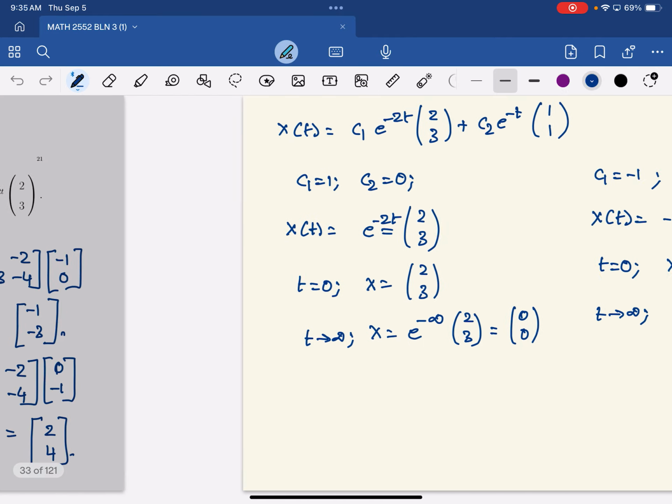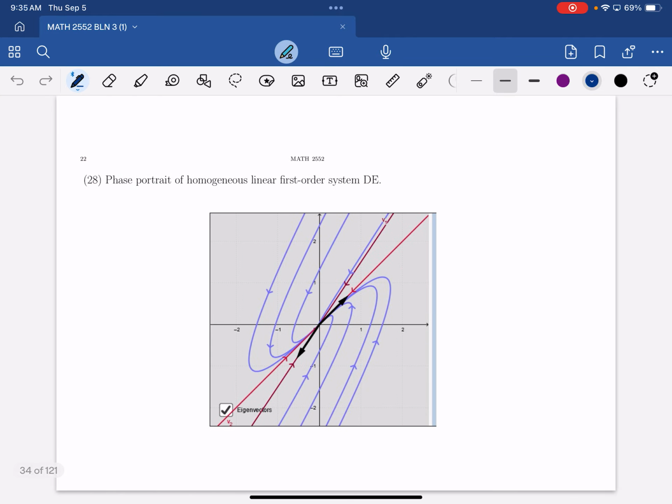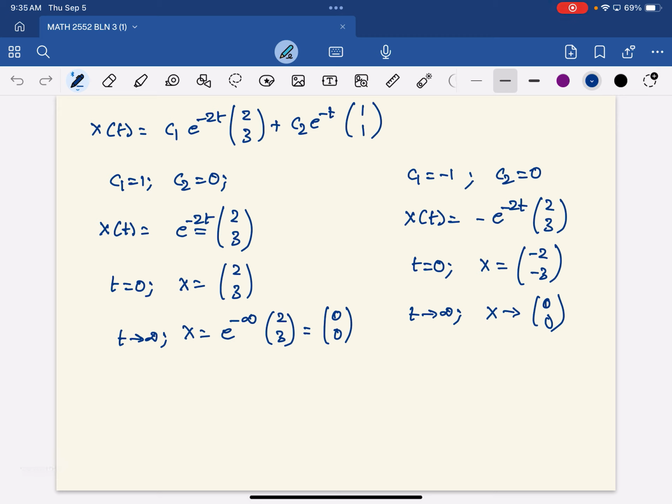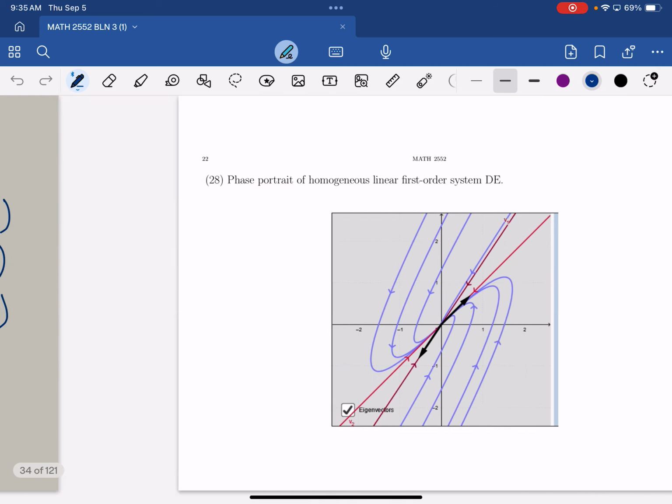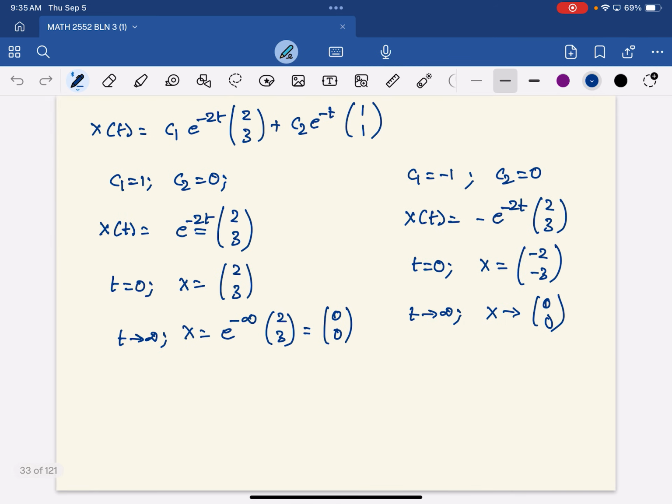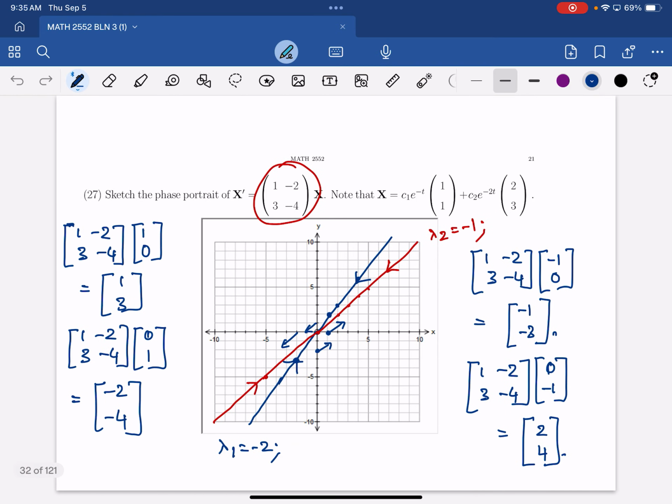And the other one I did was, because my eigenvalues are real, different, and negative, as t goes to infinity, my solutions are going to 0, 0, and as t goes to negative infinity, the solutions become infinite. That is where I am, and I sketched my eigenvectors, and I sketched that at different points. I'm experiencing force in these directions. Is this clear? This is where we stopped.